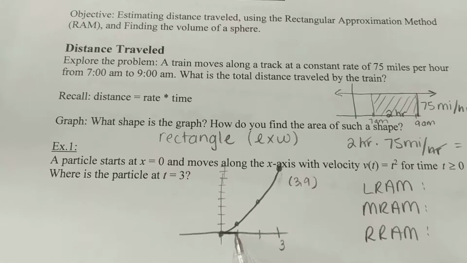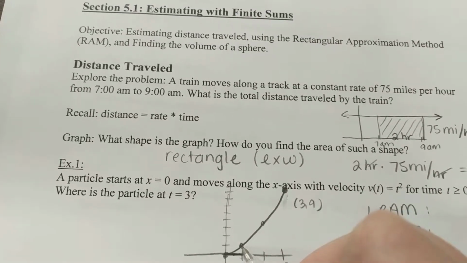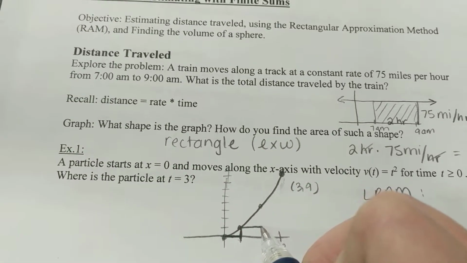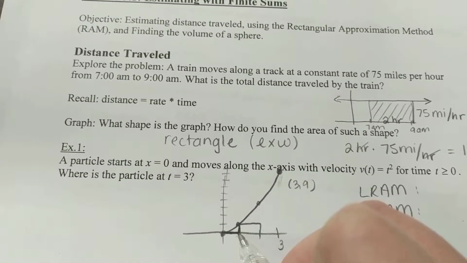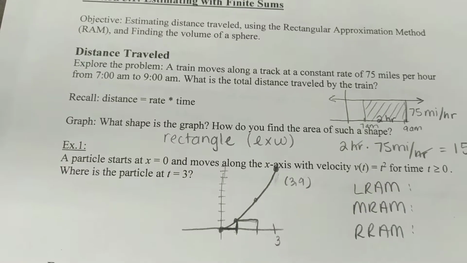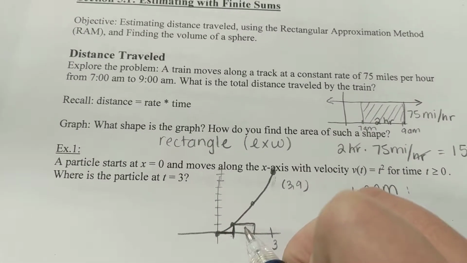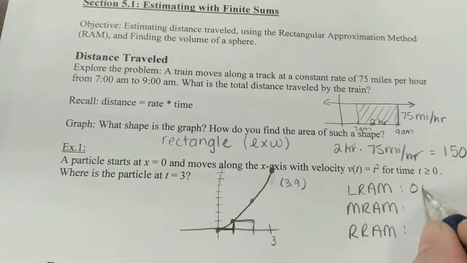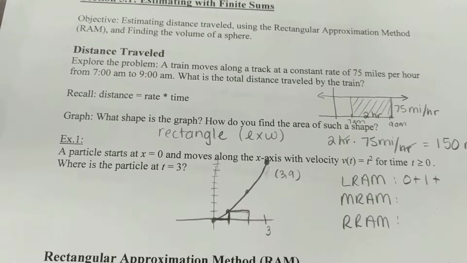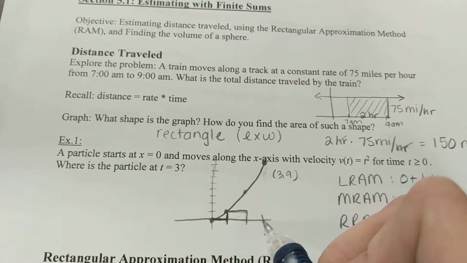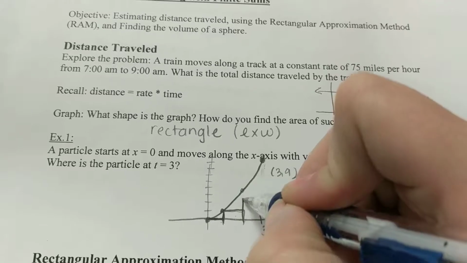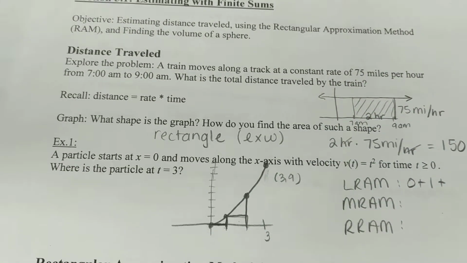The next interval goes from 1 to 2. That rectangle goes up 1 and over 1. So this is a 1 by 1 rectangle, obviously not drawn to scale. So the area of this rectangle, we have 0 and 1. I'm going to keep track over here. From 2 to 3, the left-hand endpoint would be at 2. At 2, it goes up to 4.